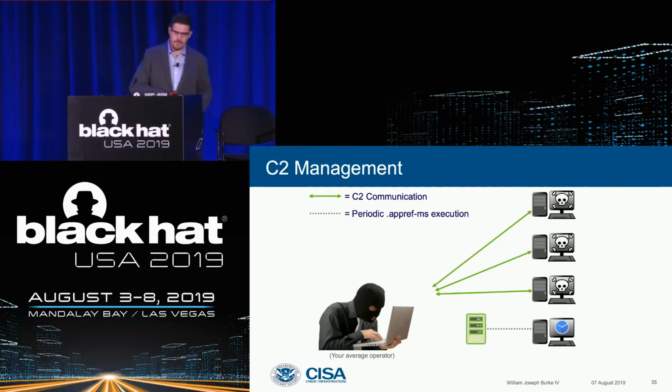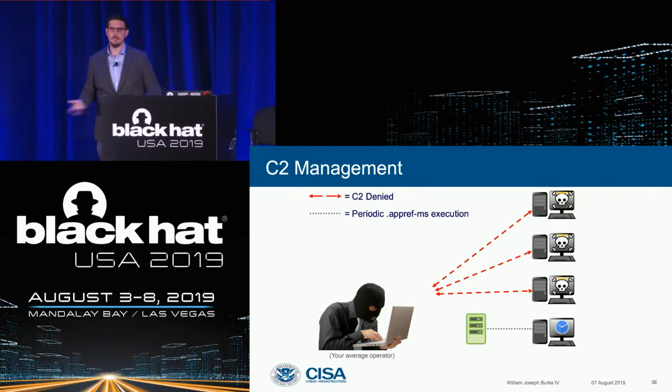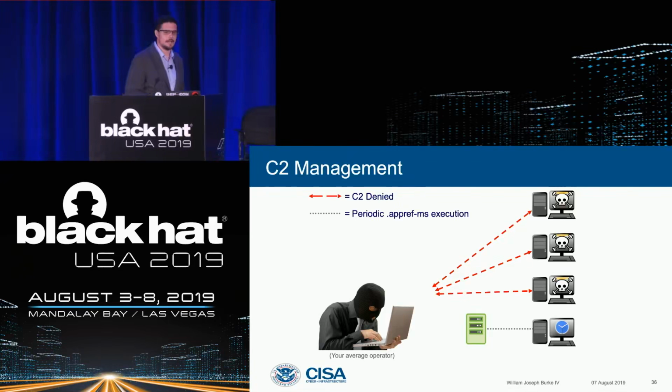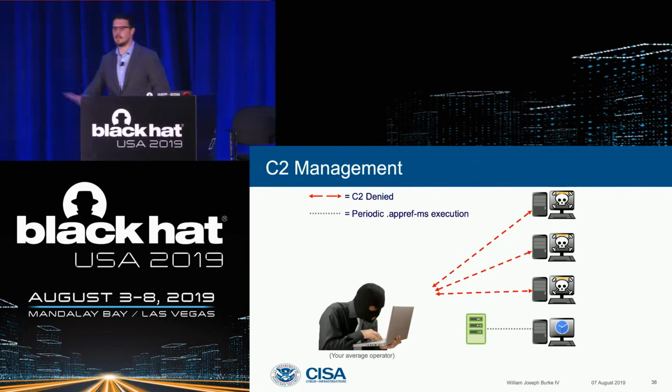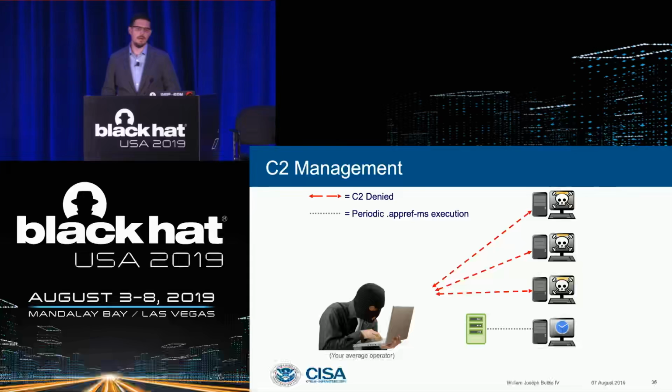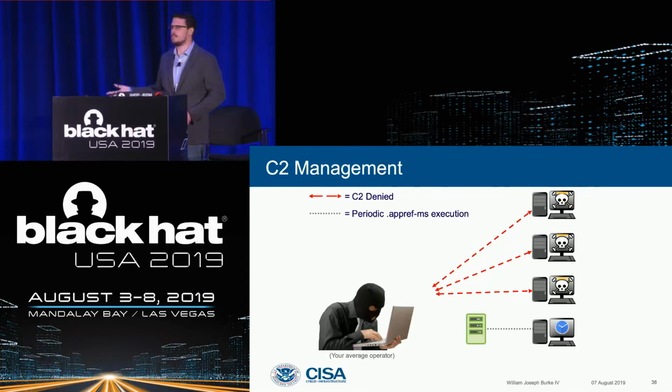Now, you have your average, everyday, run-of-the-mill operator, just up there doing operator things, and as mentioned, boom, defense caught on, pushed out of the network, bad day for everybody. But as we're moving through, whether it was through phishing delivery or lateral movement push, whatever the case might be, at the bottom there, we have an Appref MS file on a timer. Once again, nothing malicious.